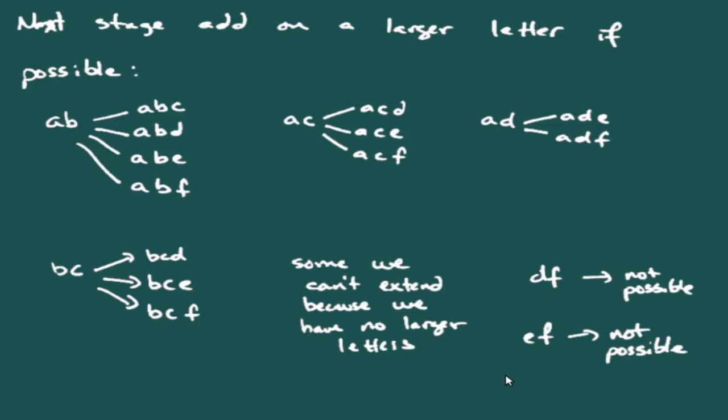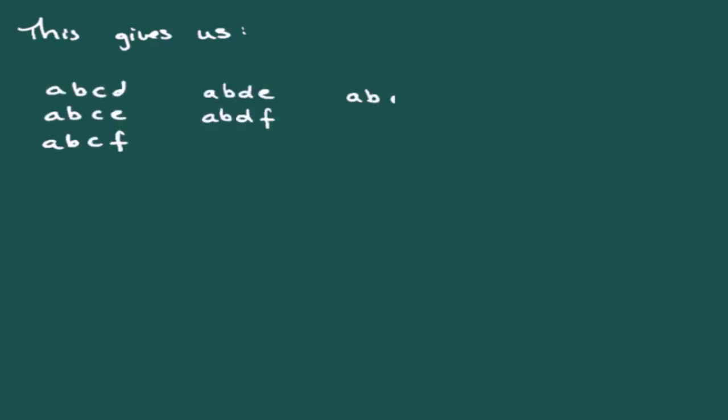And so we can use this ordering as a way of getting these systematic arrangements so that for our possibilities we have ABCD, ABCE, ABCF, ABDE, ABDF, ABEF, ACDE, ACDF, ACEF, and so on and so on.